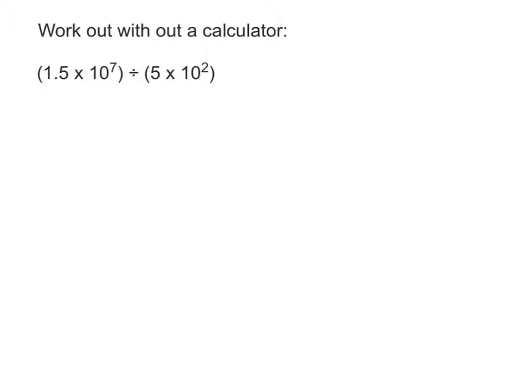Okay, and the last example we have is a division question. If we write that as normal numbers first, that's going to be 15 million, divided by 500. There's lots of ways of doing this.